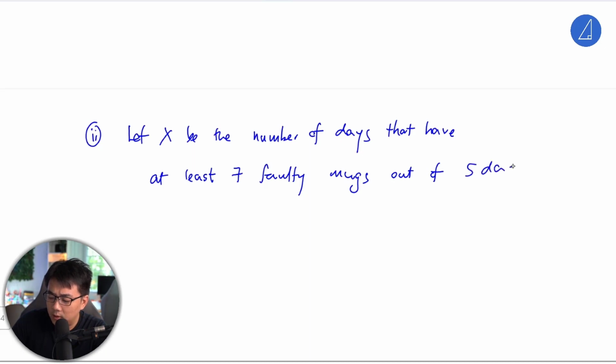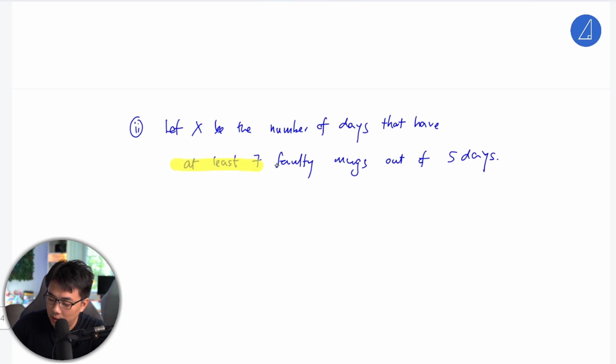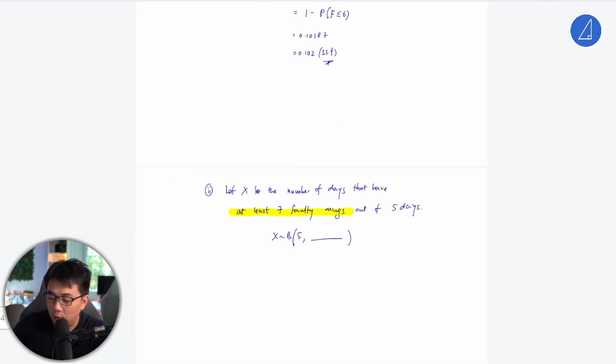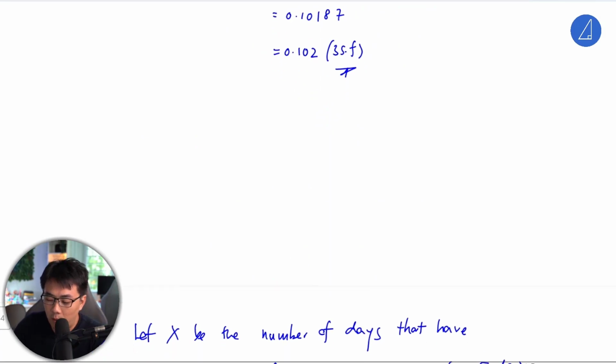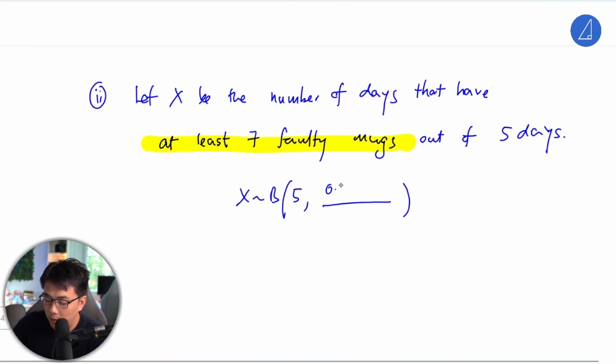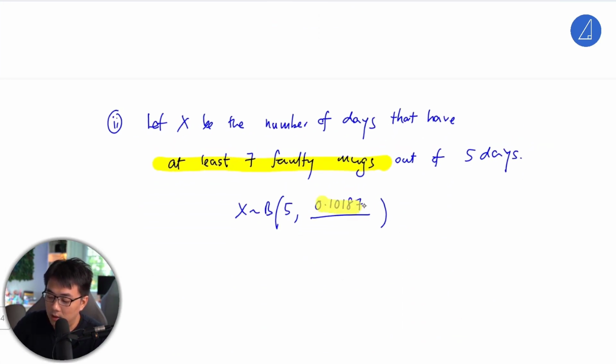That is the main thing. So just understand that the condition that you need to satisfy is this. So in this case here, X follows a binomial distribution, we have 5 days. Each day, the success rate will just follow this, right? So I would suggest you use the 5 SF value, 0.10187. Okay, so this is essentially the success rate that you are looking at each day.